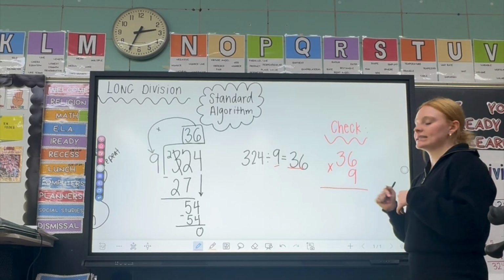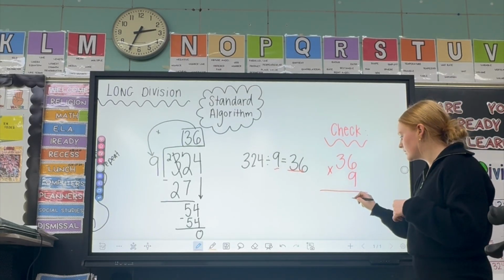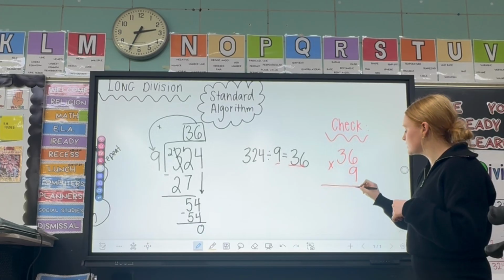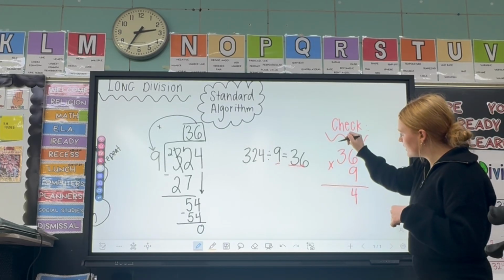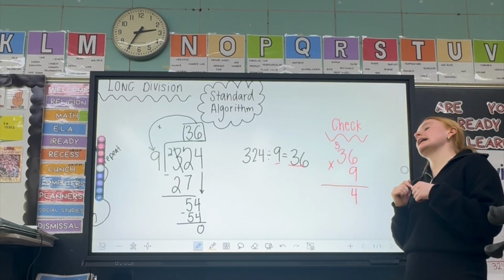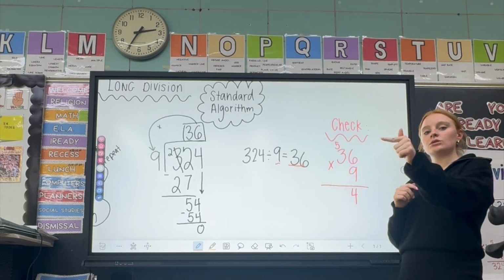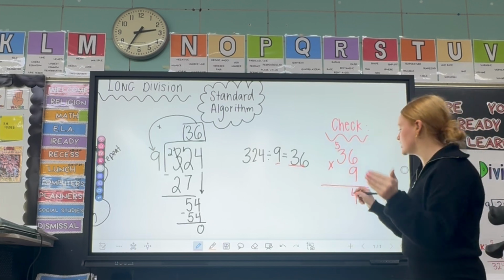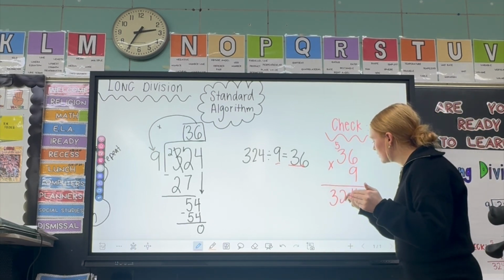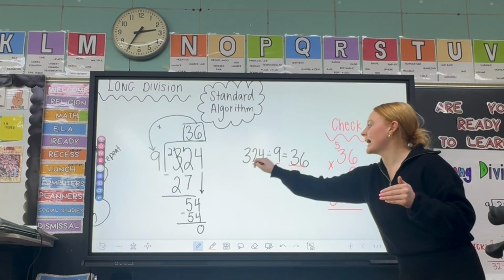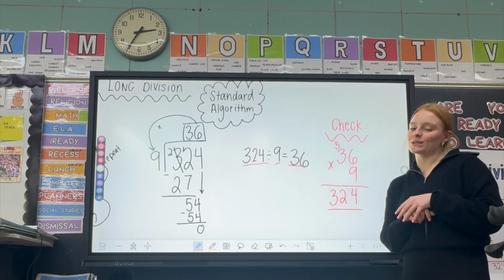I know 9 times 6 is 54. So I'm going to write that ones place right here. Carry the 5. And I know that 9 times 3 is 27 plus 5, 28, 29, 30, 31, 32. Write that 32. 324, I got the same answer, so my math is correct.